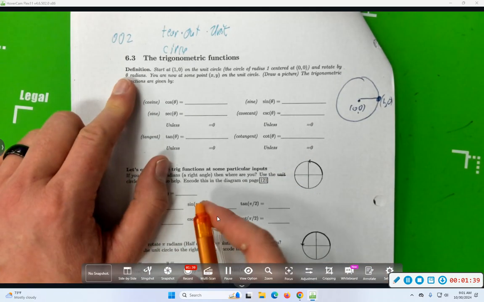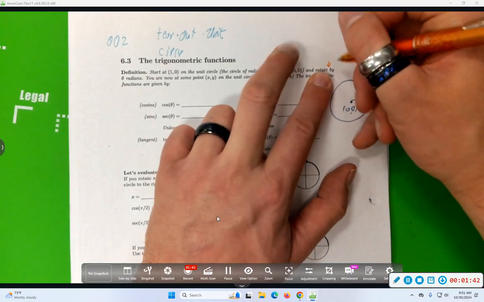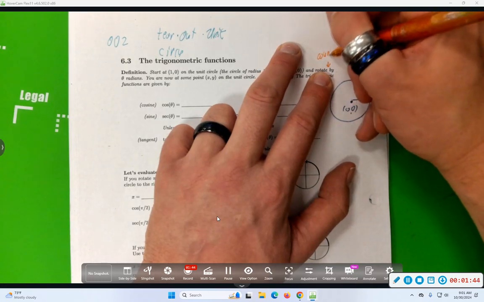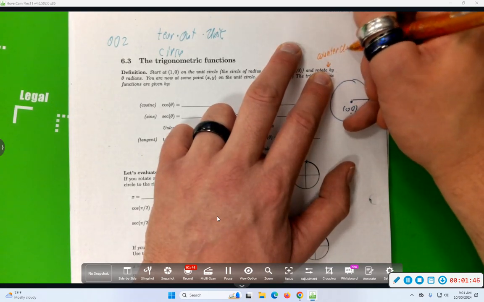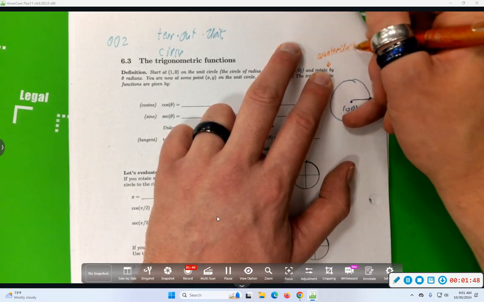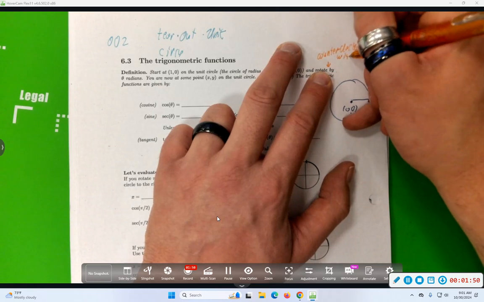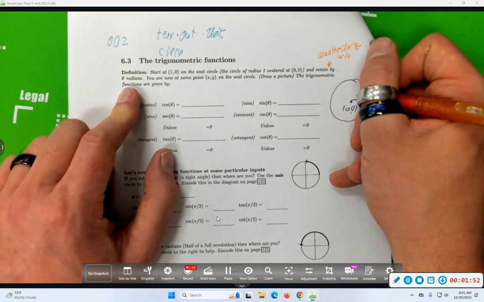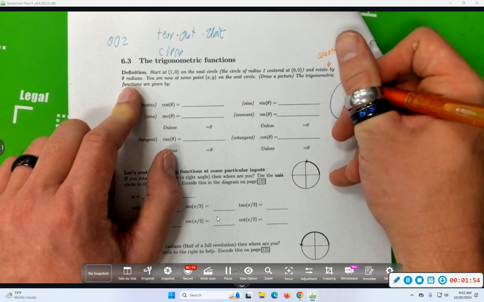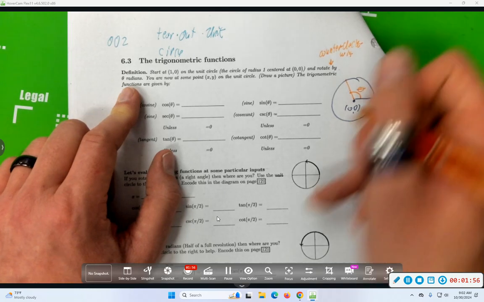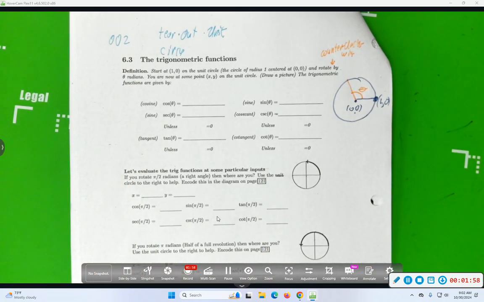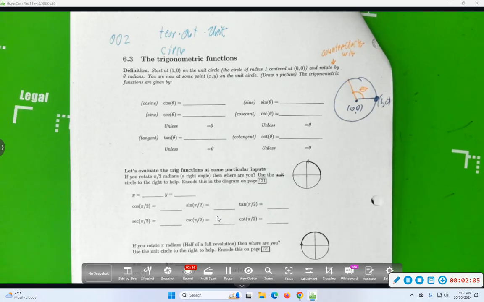Now, rotate counterclockwise by some angle of theta radians. You will now land at some point on the unit circle.